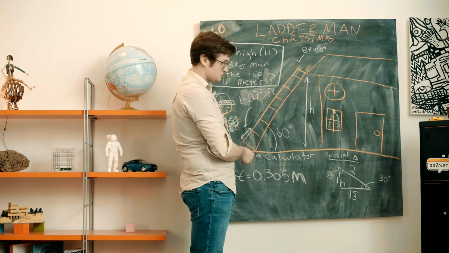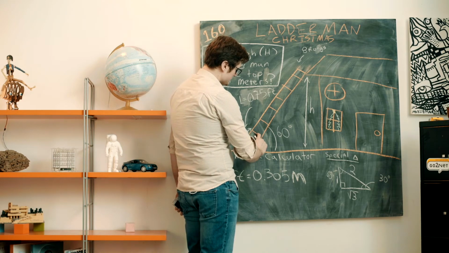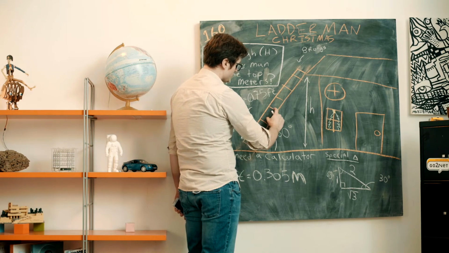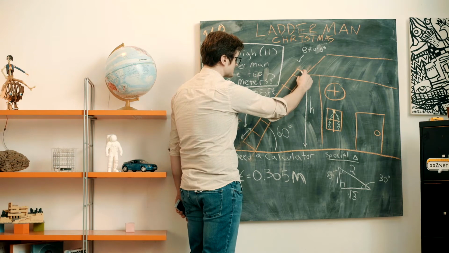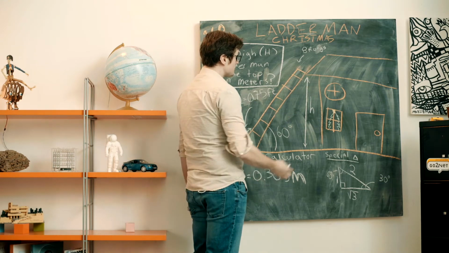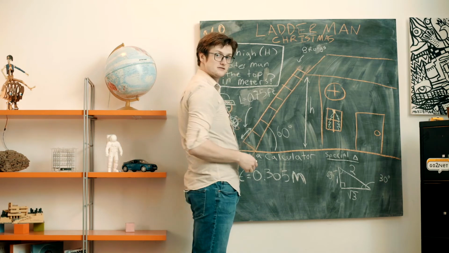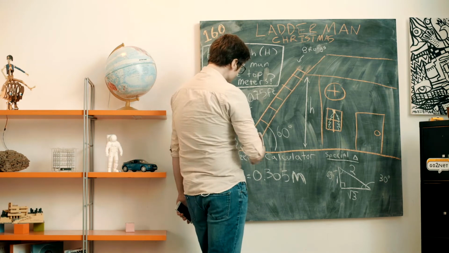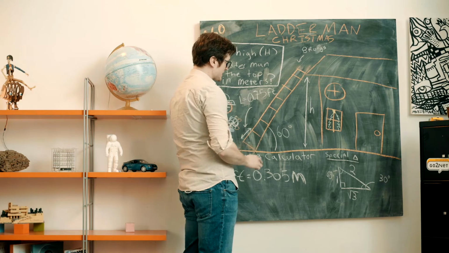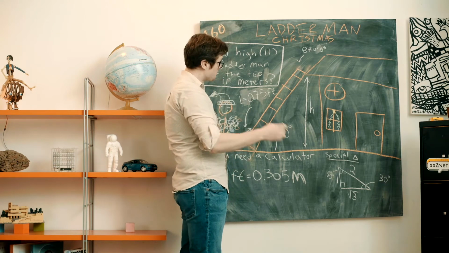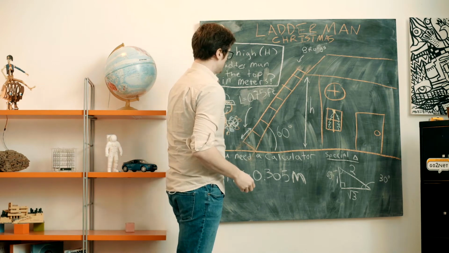If we look at the segments between each rung, you can see that there is actually 1, 2, 3, 4, 5, 6, 7. So even though there's 8 rungs, there's actually 7 segments. So the length of the ladder is going to be 0.75 multiplied by 7.